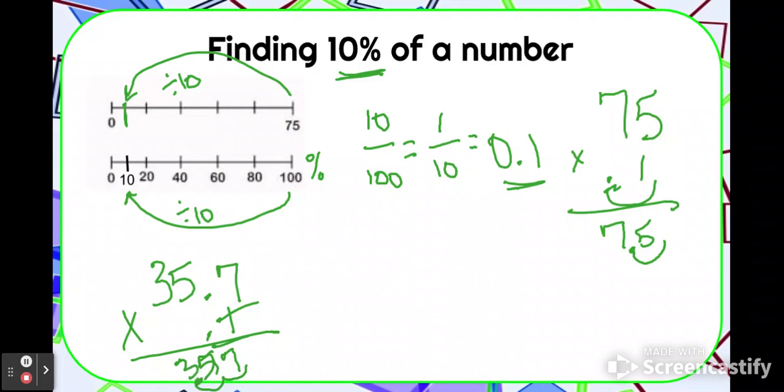So 1/10 of 35 and 7/10 is 3 and 57/100. So multiplying by 1/10 or dividing by 10 is as simple as adjusting the place value of your decimal.